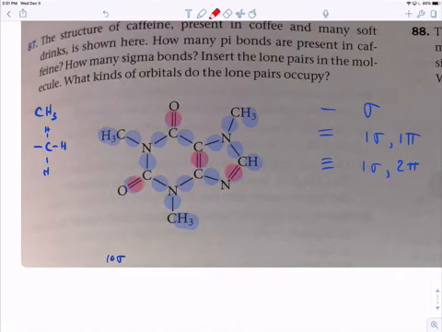11, 12, 13, 14, 15, 16, 17, 18, 19, 20, 21, 22, 23, 24, 25. Did I count them all? So that would be 25 sigma, and then 4 pi bonds, because each double bond is a sigma bond and a pi bond. Let me make sure.